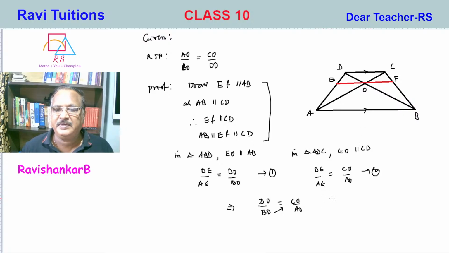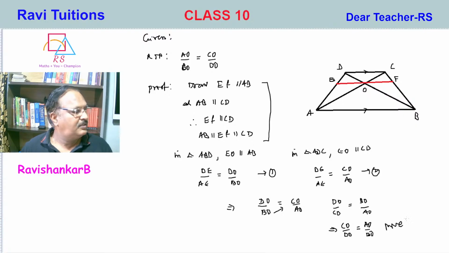DO by CO is equal to BO by AO. You can reverse it. So CO by DO is equal to AO by BO. This is what you can prove.